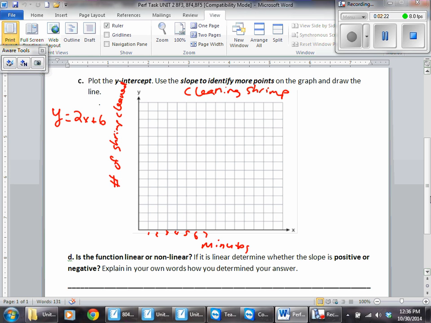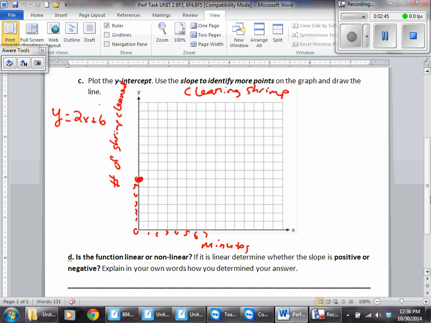And we need something to count by. Well, since they're doing 2 shrimp per minute, I think counting by 2 would be a good idea, but a lot of people in class counted by 1, so let's do that. 1, 2, 3, 4, 5, 6. And this is the origin, 0, 0. So we started our y-intercept, so before they even started, they already cleaned 6 shrimp, so we mark that at 0, 6.